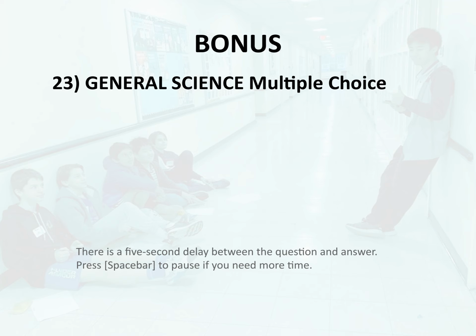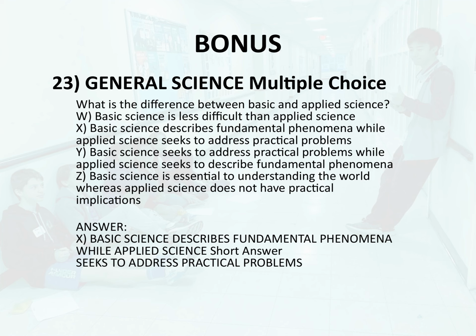Y. Basic science seeks to address practical problems while applied science seeks to describe fundamental phenomena. Z. Basic science is essential to understanding the world, whereas applied science does not have practical implications. Answer: X. Basic science describes fundamental phenomena while applied science seeks to address practical problems.